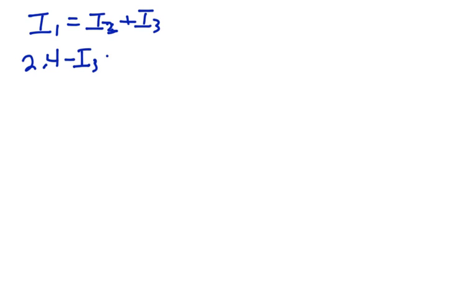Okay, so since I1 is equal to I2 plus I3, we would have that 2.4 minus I3 is equal to I3 plus I3, because I substituted in for I2 as well.